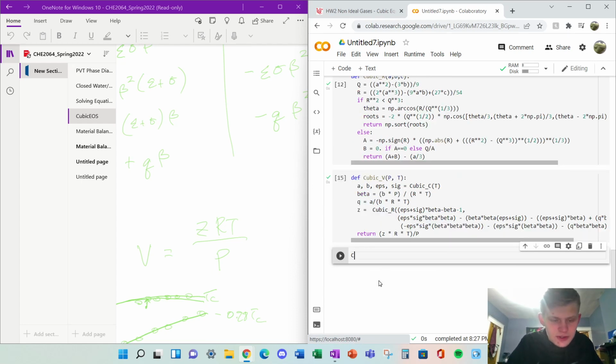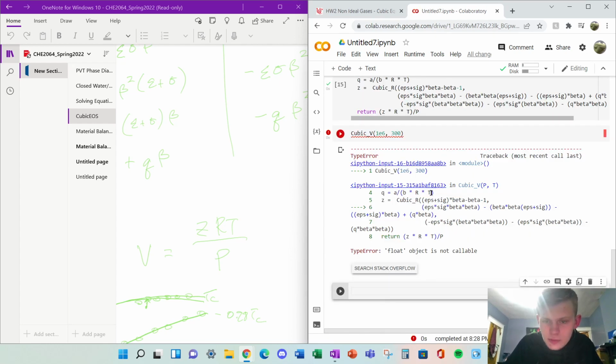Okay. And then we can call this function to make sure everything is working properly. So let's just give a random pressure value. Since our pressure value is going to be pretty high, we'll go 1 to the power of 6, and then have a temperature value of 300 Kelvin, just to give what we want here. I did something wrong here.